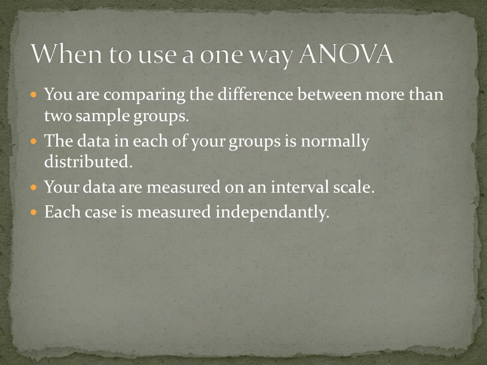The data in each of your groups is normally distributed, so it needs normal distribution, so you're not going to have some crazy outliers within that group. It should be normally distributed. Your data should be measured on the interval scale, and each case is measured independently.